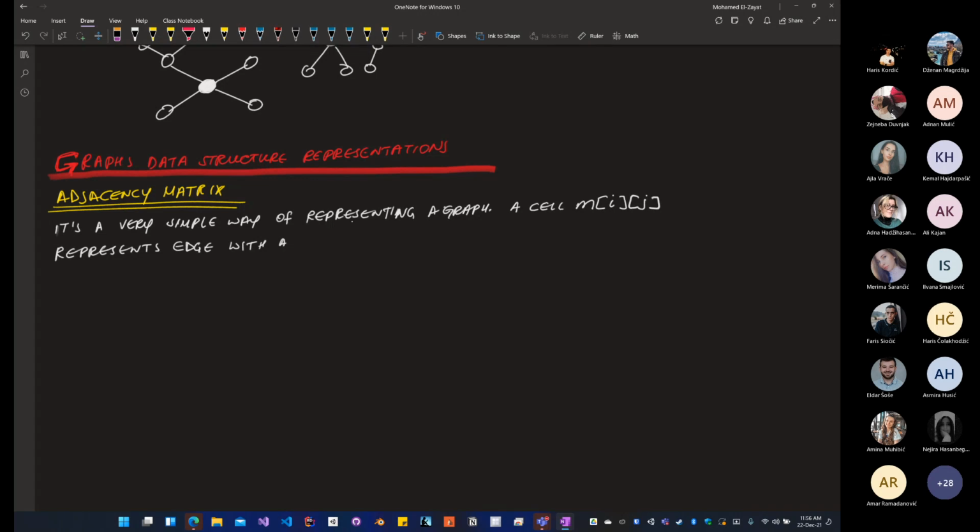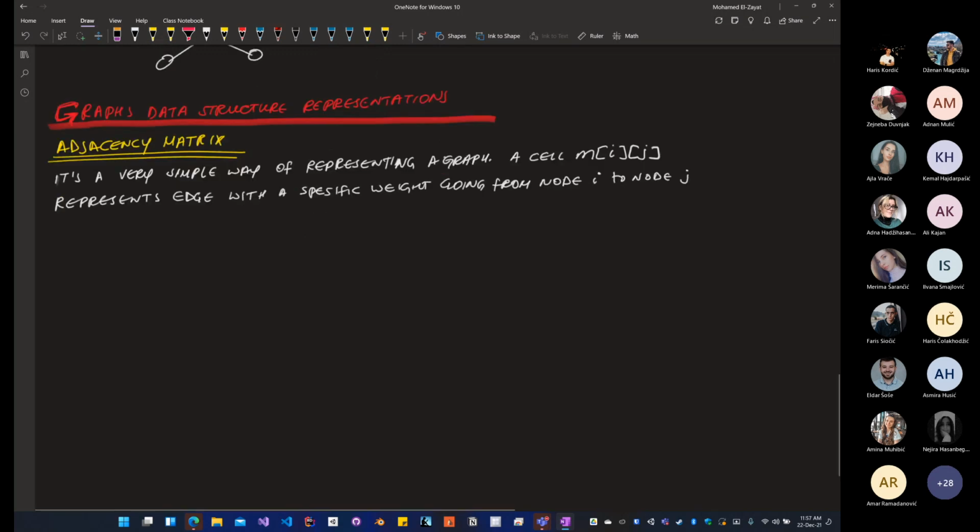With a specific weight, going from node I to node J. And this order is very important, because if you reverse that order, that means that you have, if you would like to represent a directed graph, right now you have a specific order you need to take care of.